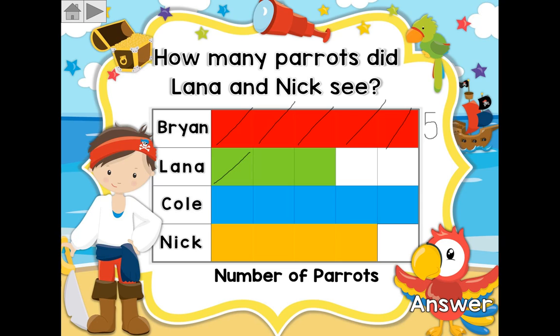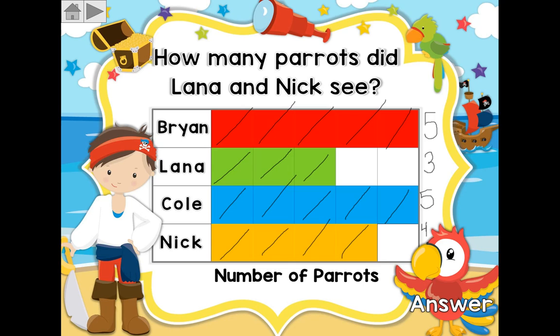Lana saw 1, 2, 3 parrots. Cole saw 1, 2, 3, 4, 5 parrots. And Nick saw 1, 2, 3, 4 parrots.